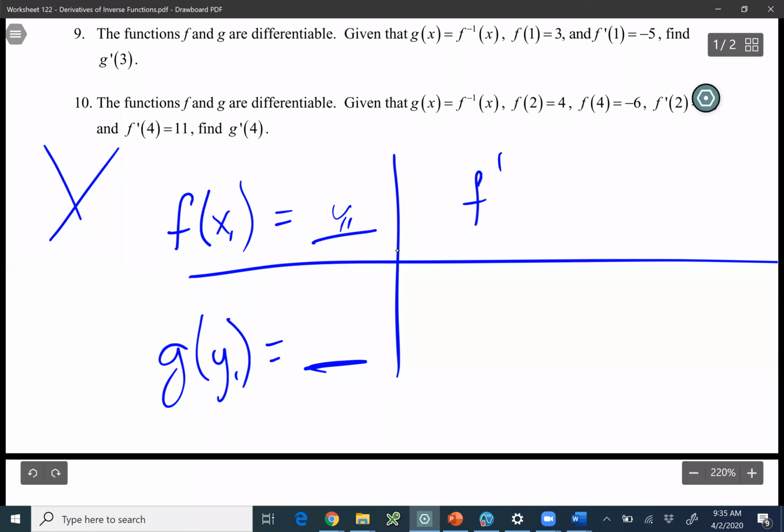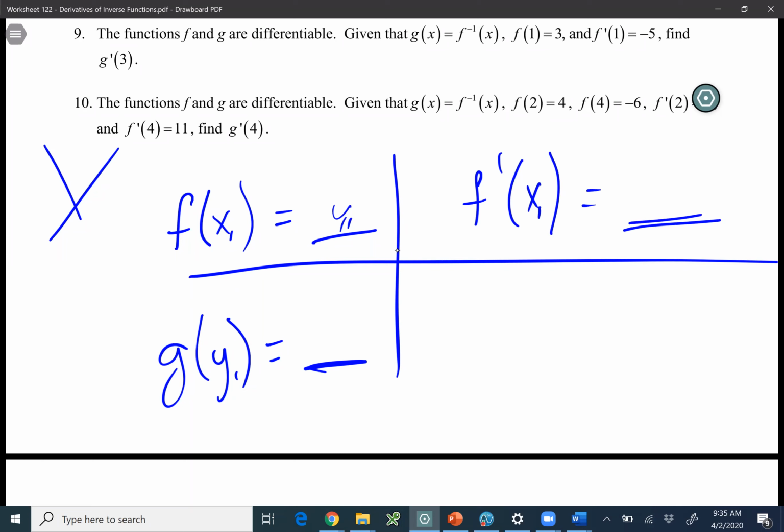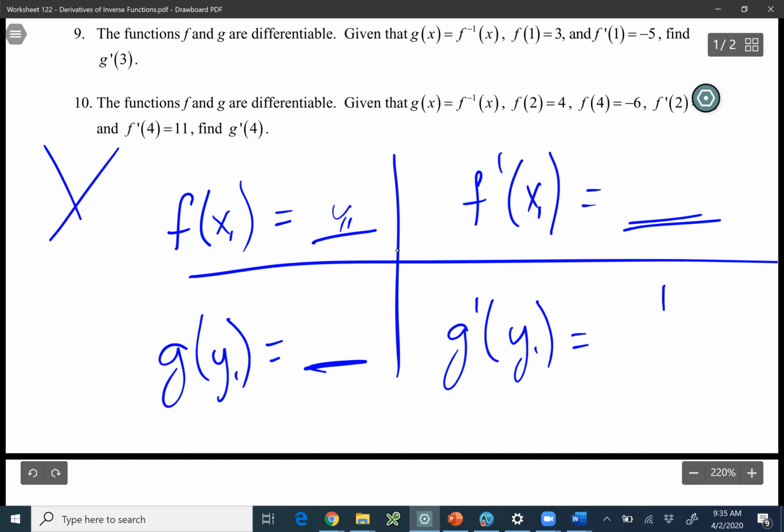And f prime of that x1 is going to give us our answer for that. And then g prime of that y1 is going to be 1 over whatever we had here. So that's a little bit of an organizing-your-work method of doing it.